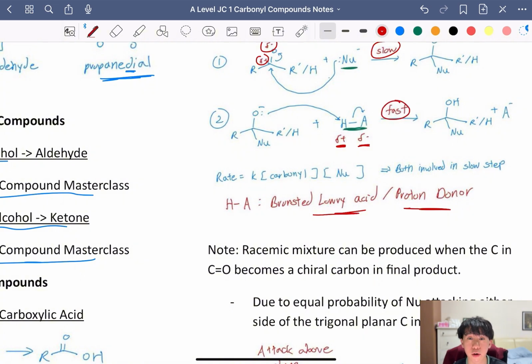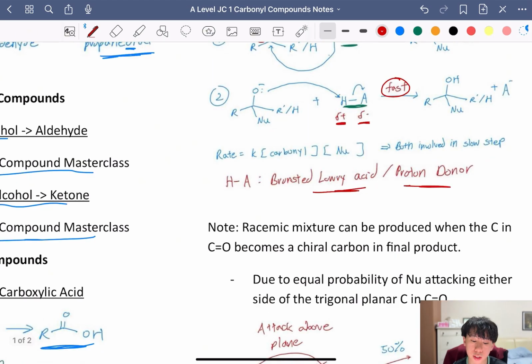Therefore, this second reaction is also a fast reaction, and that's how your nucleophile is going to be added across the C double bond O. Do take note that your rate is equals to k times the concentration of your carbonyl times the concentration of your nucleophile, because both your carbonyl and your nucleophile are involved in the slow step of your reaction.